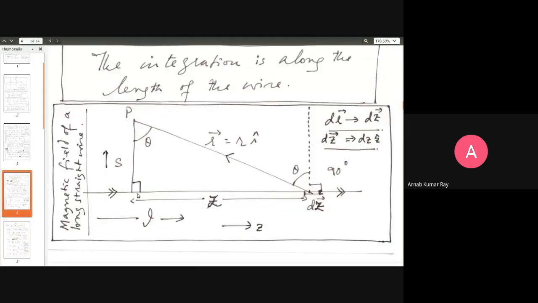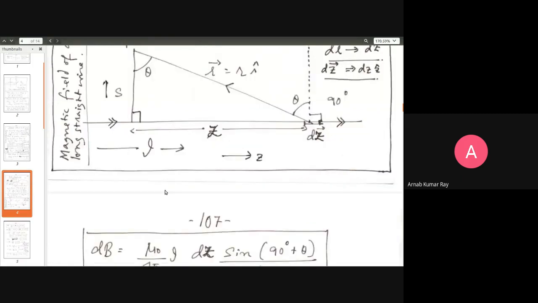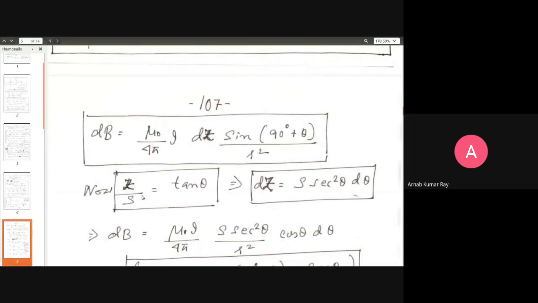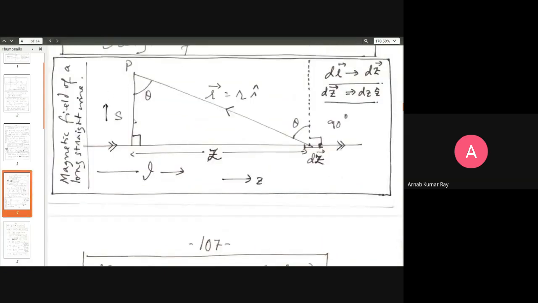Z by S, perpendicular by base, is equal to tan theta. Therefore, dz will be equal to, remember, S is fixed because P is fixed. S is the shortest distance from the line to the point P. Point P is fixed and nobody is moving this wire.